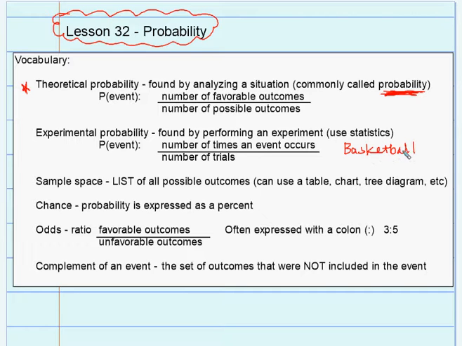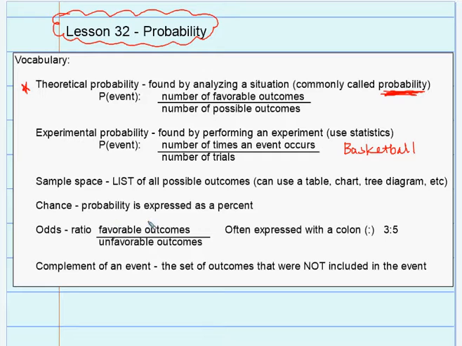If you want to know the probability of making your next free throw, if in the last 20 attempts you've made 12, that would be an experiment. 12 out of 20 would be your probability if you reduce that. 12 makes out of 20 attempts.